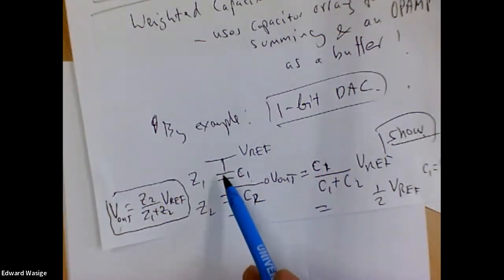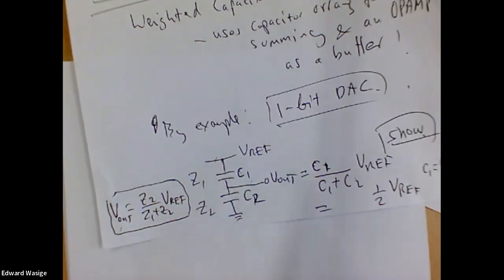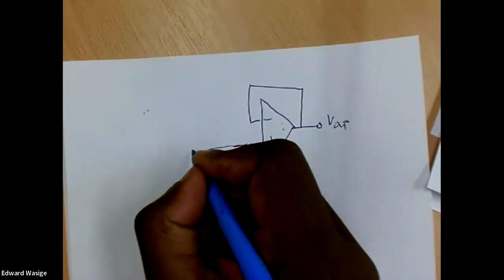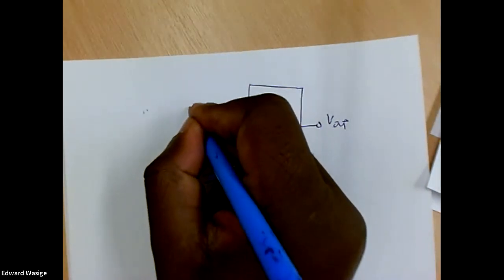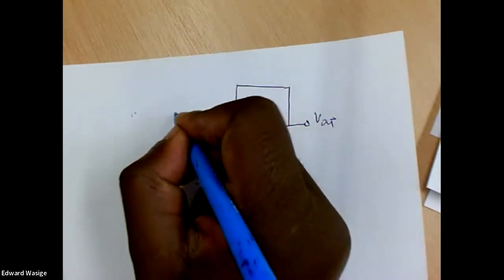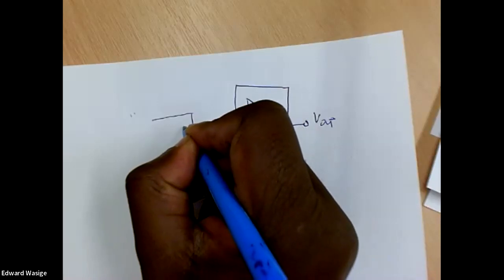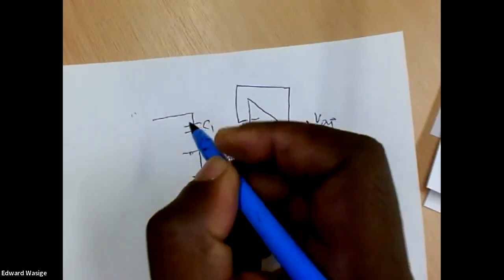I've drawn C2, so I need to draw C1 and introduce the switch B1. So if this is C2, C1 would come here.